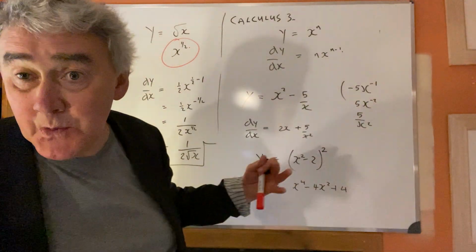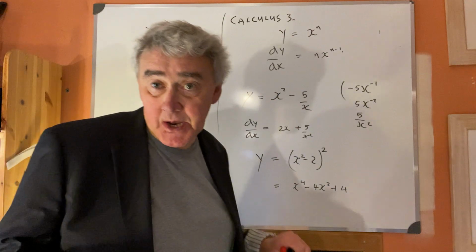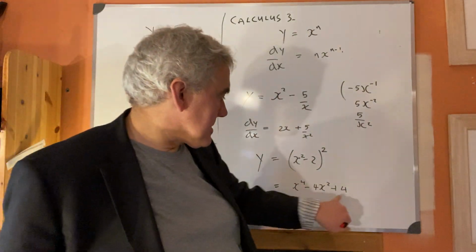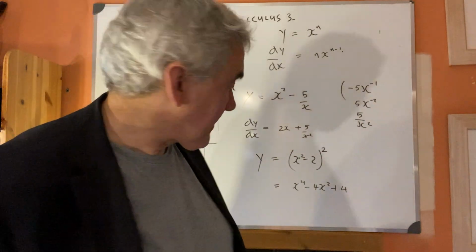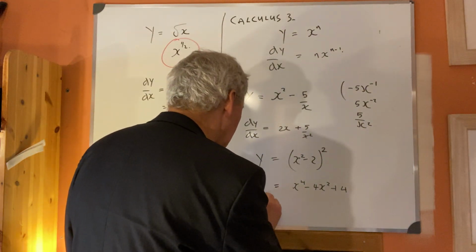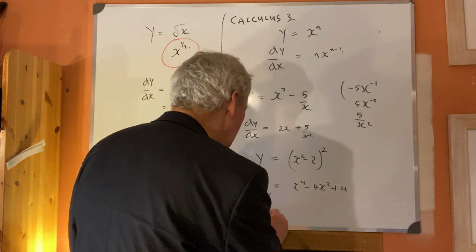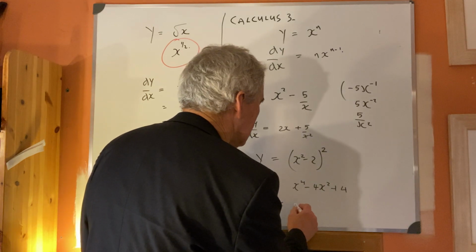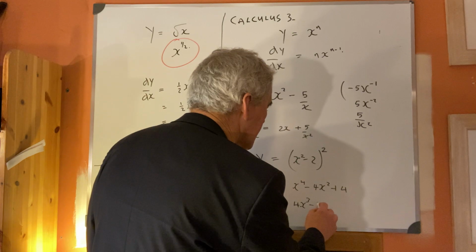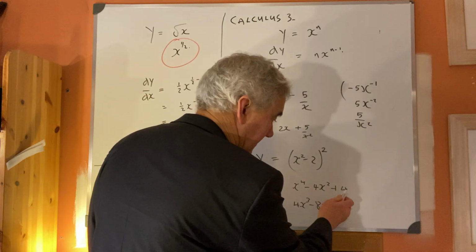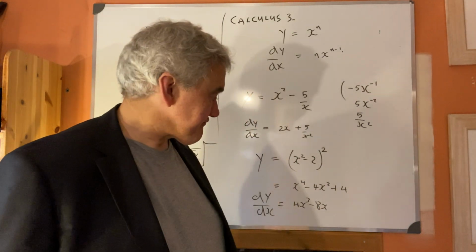So now we can differentiate that by taking each of these items in turn. We have minuses and pluses separating them. So our dy dx is equal to 4x cubed minus 8x, and the 4 goes to 0.